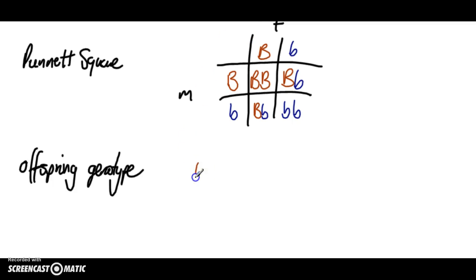And we have big B, big B, big B and little b, big B and little b. Pen switching here. You don't need to change colors in your exam. And little b, little b.